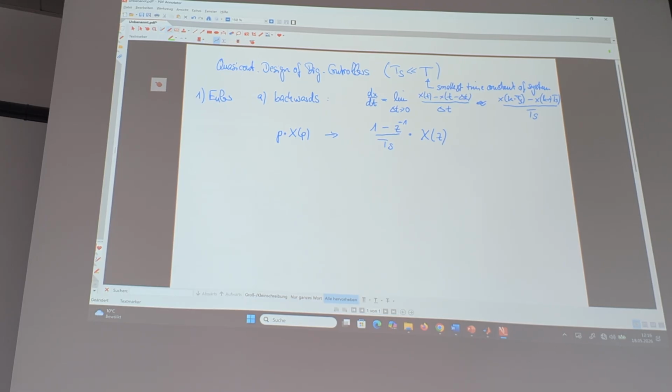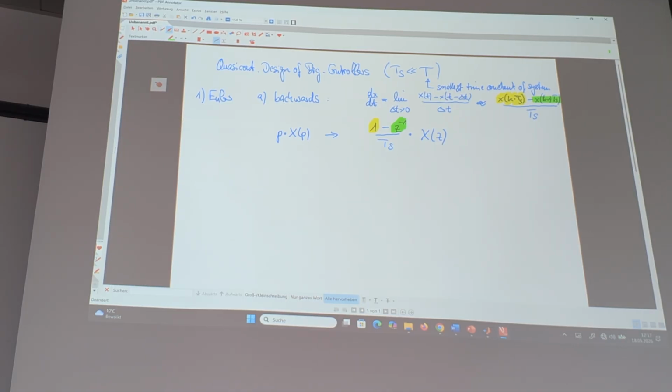Let's mark it with a color. Here we have x of k Ts, which we have 1 times. And then the right shift here in green, x of k minus 1 times Ts. In the z domain, this is a multiplication with z to the power of minus 1. If I multiply the value with z to the power of minus 1, then I shift it to the past by 1 times that.